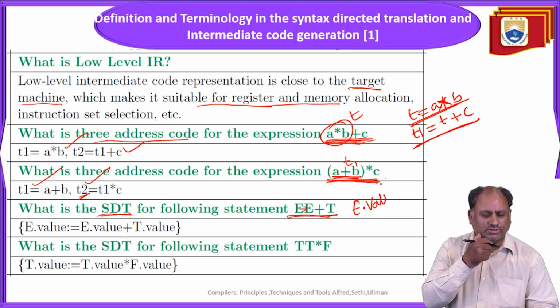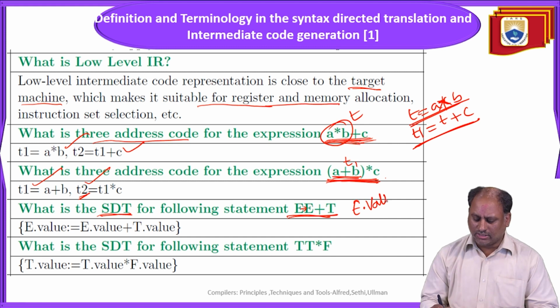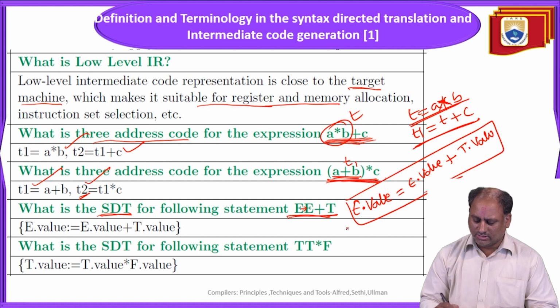What is the value of this non-terminal with the corresponding node that is represented by E dot value, which is equal to E dot value on the right side, that is the attribute associated with this capital E, then plus, followed by the value that is associated with this T, so T dot value. So this is final. This is the syntax directed translation of the corresponding statement E derives E plus T.